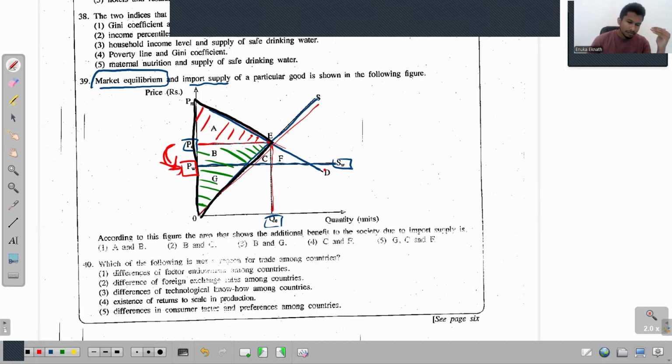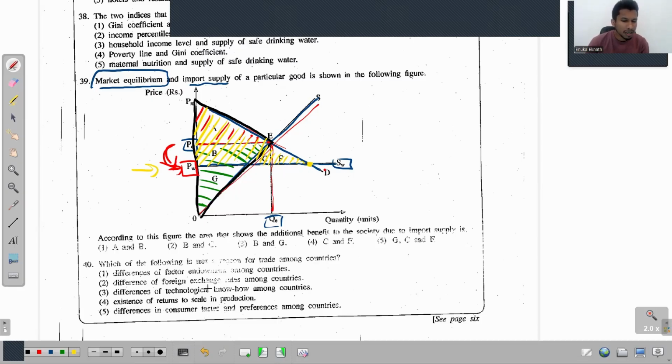So what happens to the consumer surplus? Earlier it was this region A, but now the consumer surplus is presented by the region A, B, C. If they can consume this much now, with the importation, they can consume this much at the price PW.